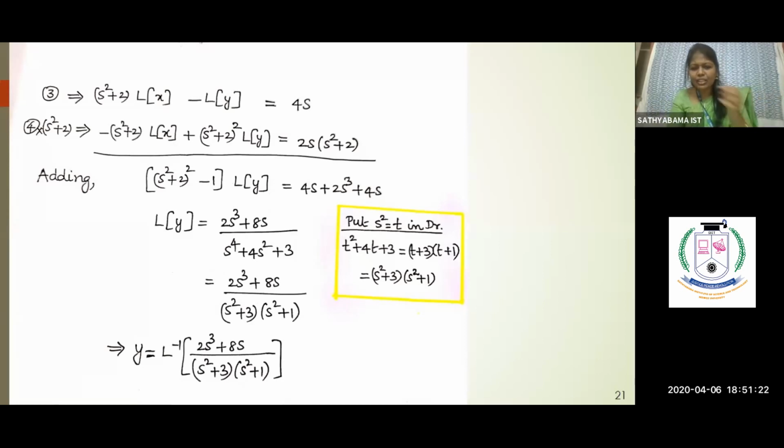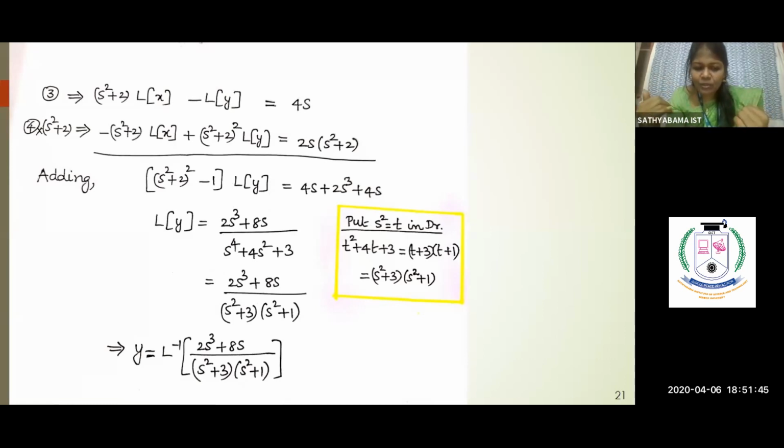It is t plus 3 into t plus 1. Okay. And what is t? T is s square. So bring it back to s square. So what's the denominator now? It is s square plus 3 into s square plus 1. Okay. So now I have L of y equal to 2s cube plus 8s divided by s square plus 3 into s square plus 1. So what is y? y is L inverse of the right hand side.